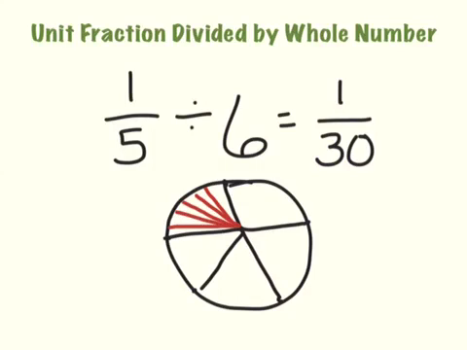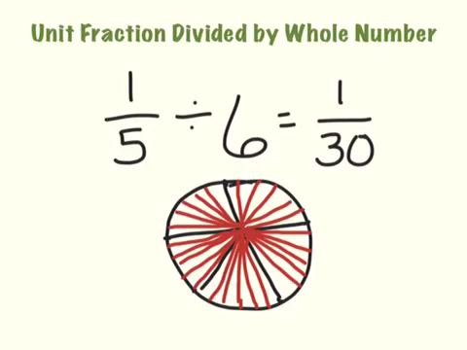And for that, I would have to continue to draw those lines through all of the other pieces as well. And there you have it. Doesn't look as pretty, but if I were to count all of those pieces, I would end up with 30 pieces in the whole thing, and each person would receive 1 out of the entire bag.